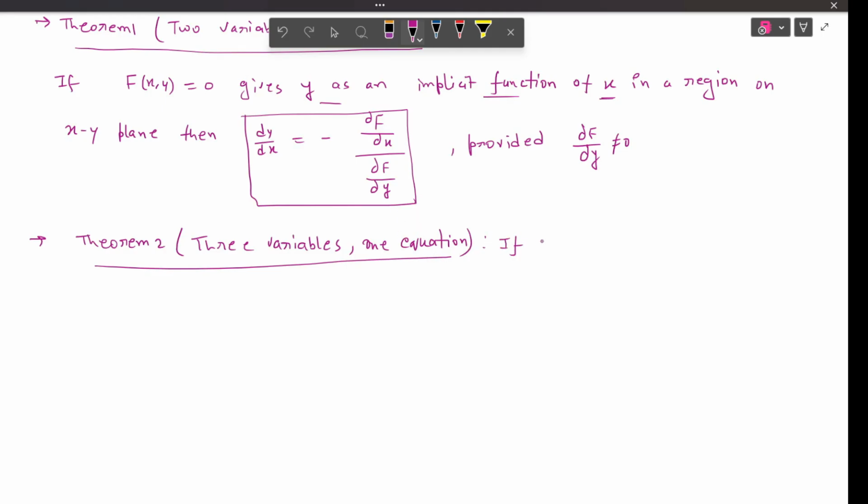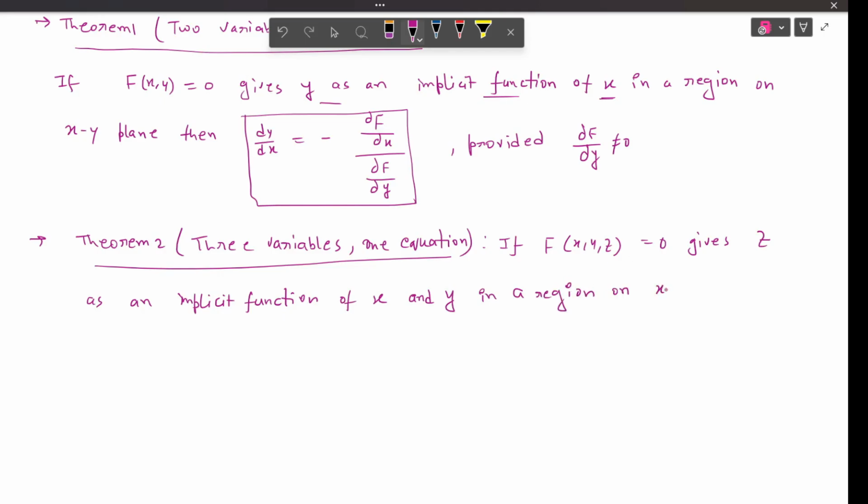So let us say if f of x, y, z is 0 gives z as an implicit function of x and y in a region on the xy plane, then number A, del z upon del x is minus f x by f z, and B, del z upon del y is minus f y by f z. And remember, here f z should not be 0.